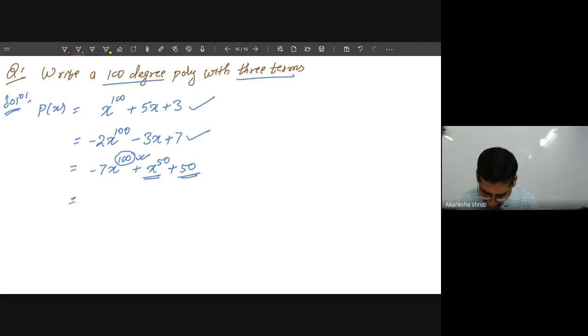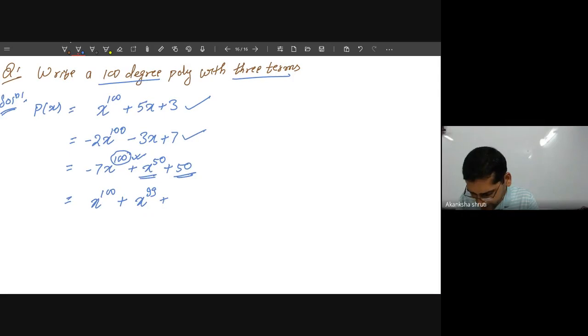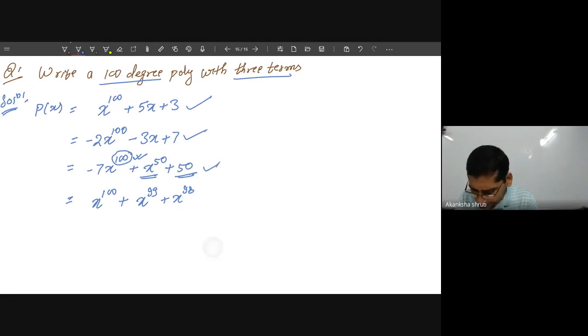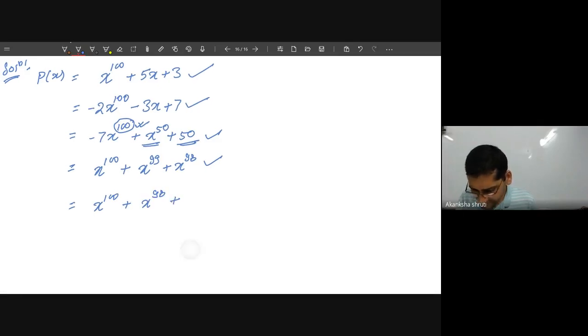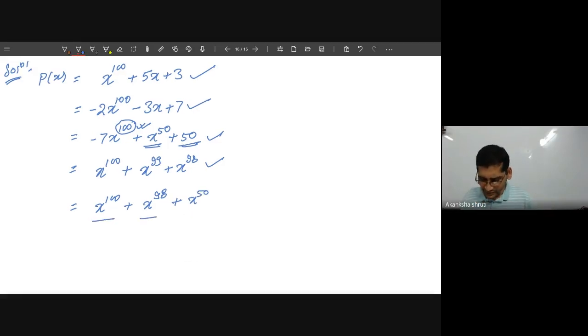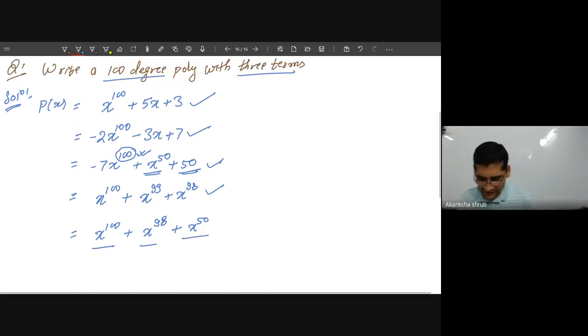Okay student, you may take x to the power 100 plus x to the power 99 plus x to the power 98. You are free to choose any one. The highest power of x should be 100 but the number of terms should be 3. You are free to take positive or negative signs. So this way you can write it.